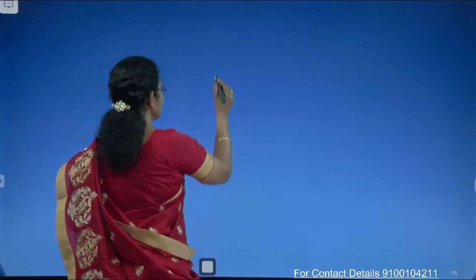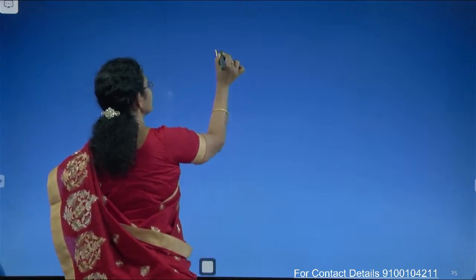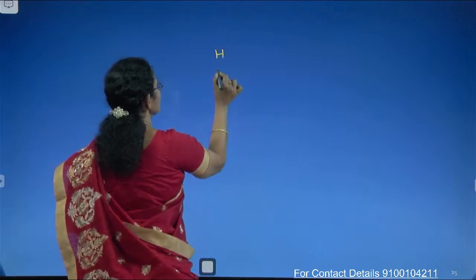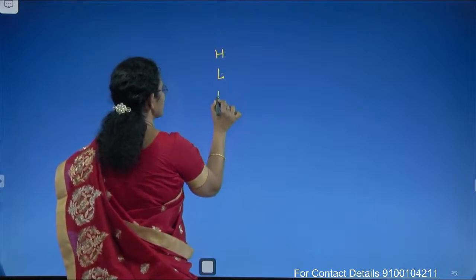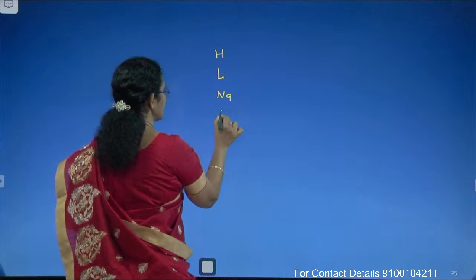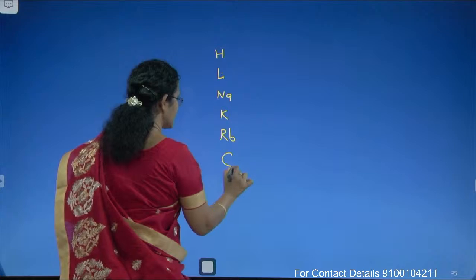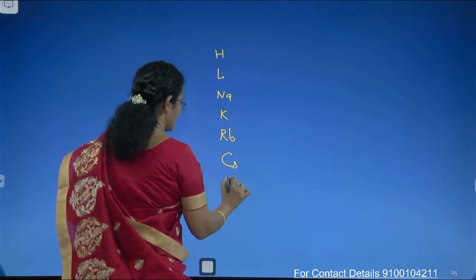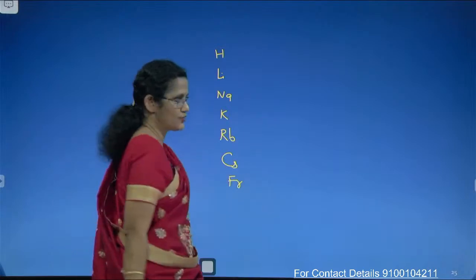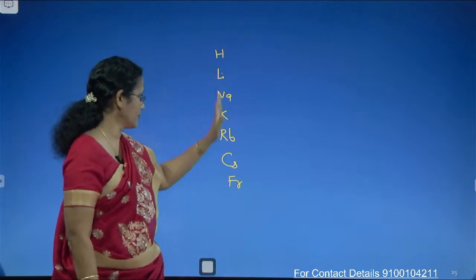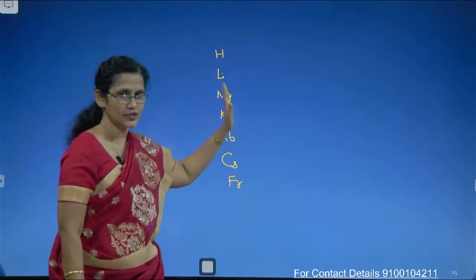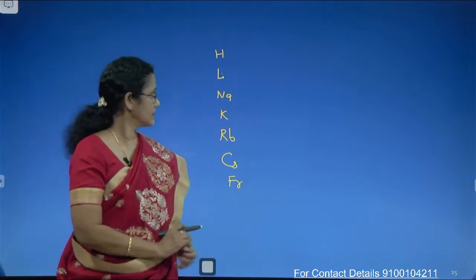See here, if I take hydrogen, first group it belongs to lithium, sodium, potassium, rubidium, cesium, francium. Hydrogen is placed along with first group elements.